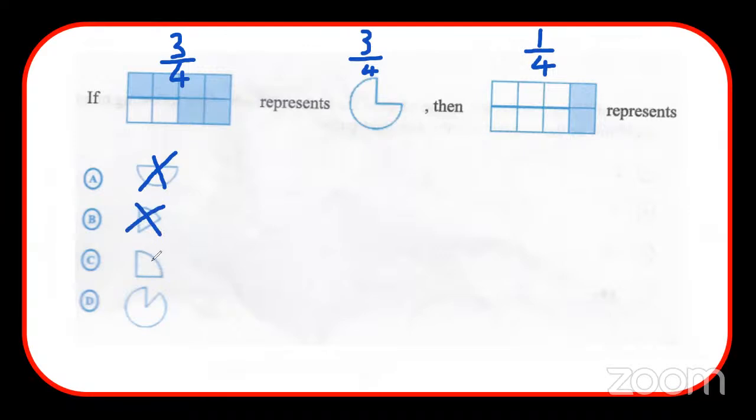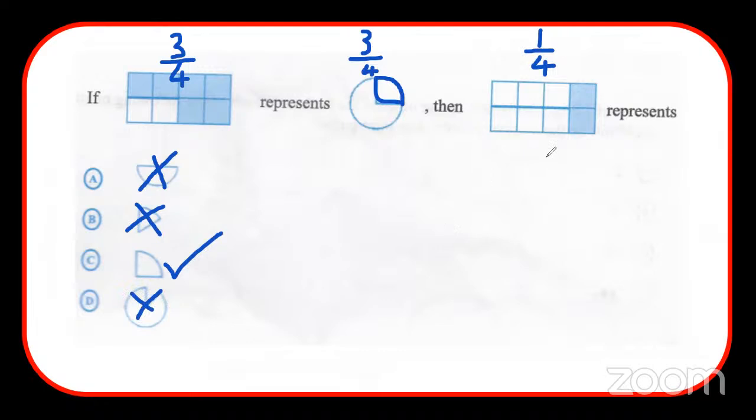This one looks like a quarter, and it will fit right here as well to make a complete circle, right? So 3/4, missing 1/4. 1/4 is what we're looking for. This part looks like it would really show a quarter. Now this looks good. This looks like a quarter to me. And this definitely is not 1/4. This is almost a whole. This is like 7/8. So this one will not work.